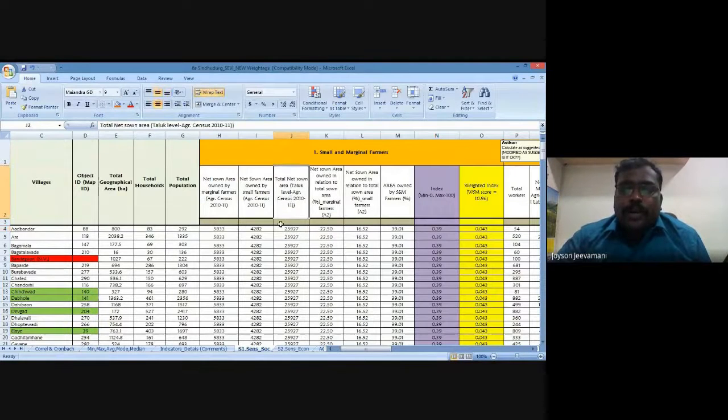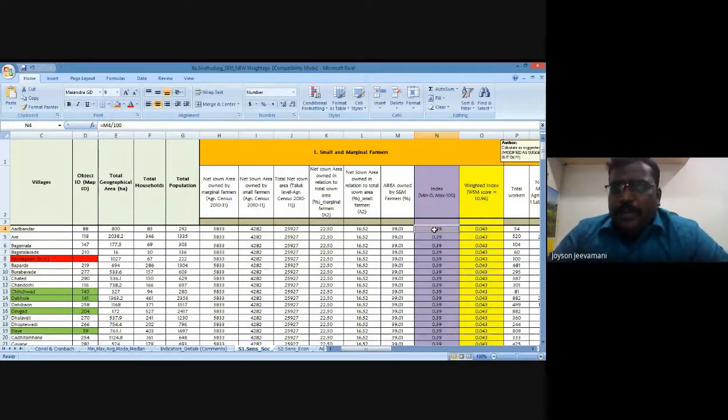So we calculated the proportion of the marginal farmers in the total net sown area, which is 22.5% for this village, and small farmers it is this percentage. Adding these will come to 39%. This is directly related to the sensitivity, because if small and marginal farmers are a higher proportion, the sensitivity will be higher.